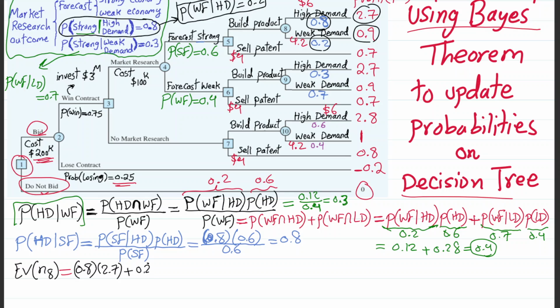So the outcome is going to be 1.6, then it's going to be 2.17. I'm just trying to make sure I'm not making a mistake.